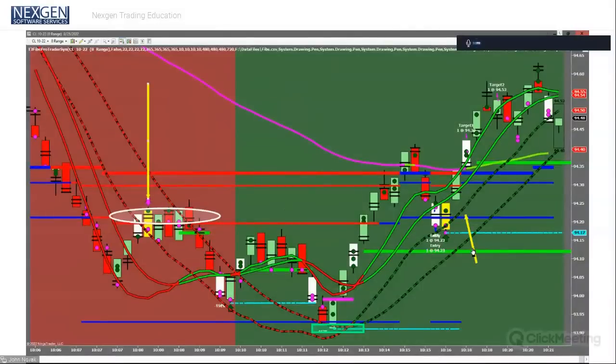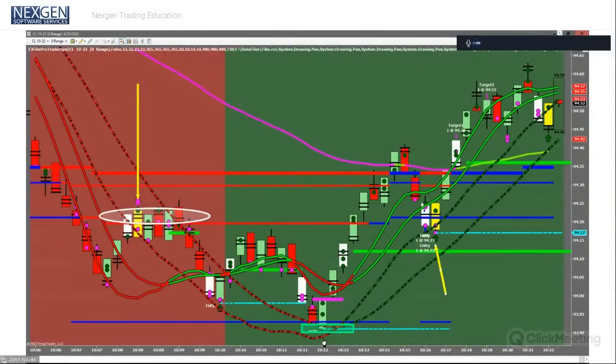That spot and that spot. Maybe it's a coincidence that there was a white paint bar into it and a signal to go short, and a white paint bar into it and a signal to go long. Maybe it's coincidence. But if you needed a signal to go long, you certainly got one.